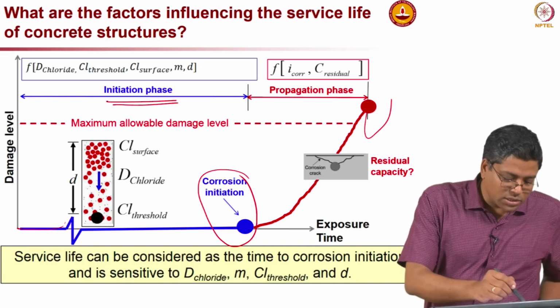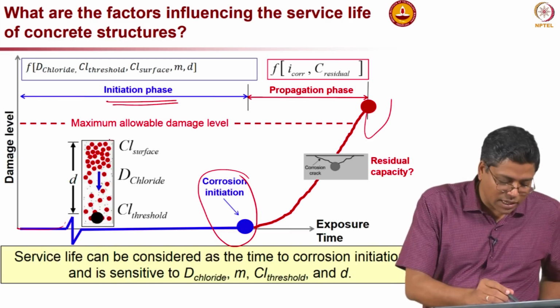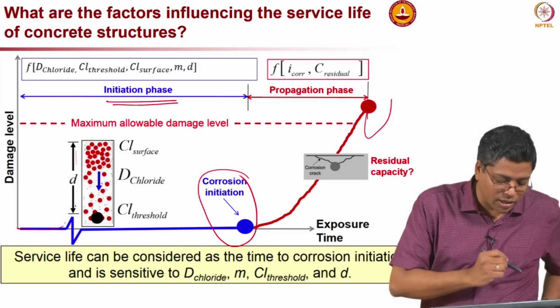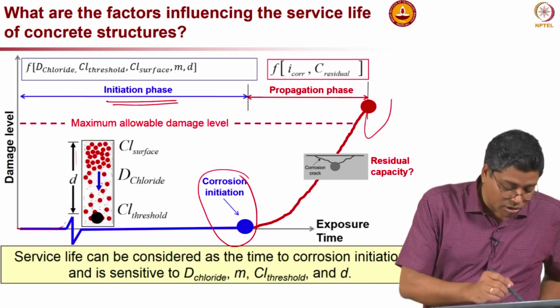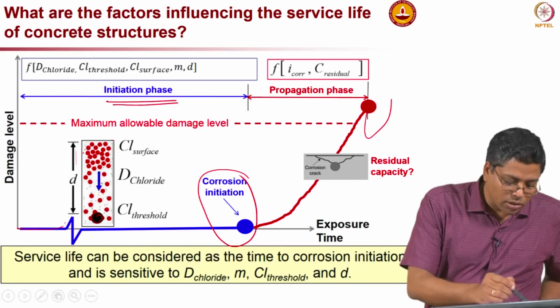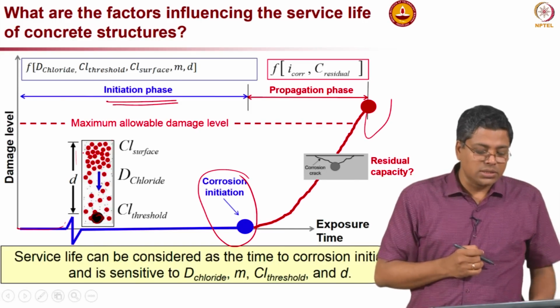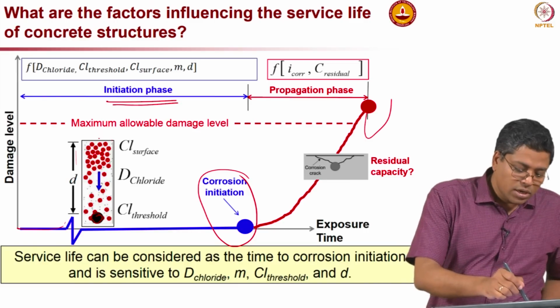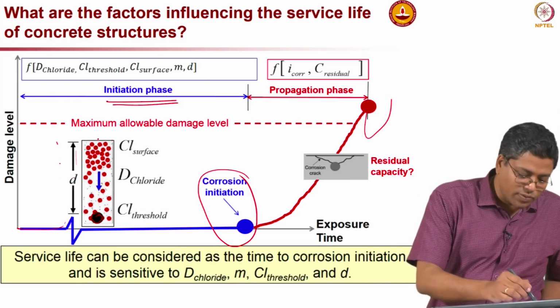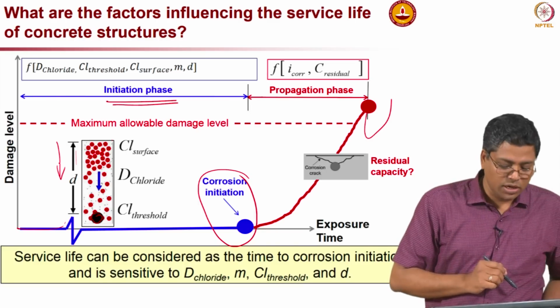What happens when a structure is exposed? This is a cross section of an RC, or reinforced concrete, element. You can see that D indicates the clear depth of the concrete cover for the steel, and this black part is the rebar. The concrete structure is exposed to chlorides, which diffuse from the surface towards the steel reinforcement.